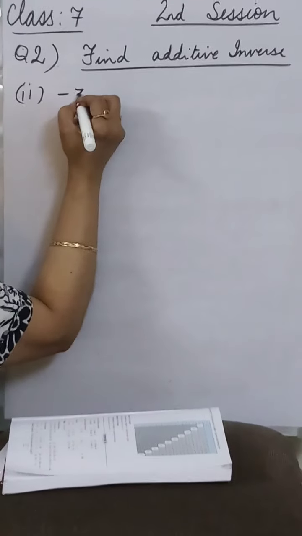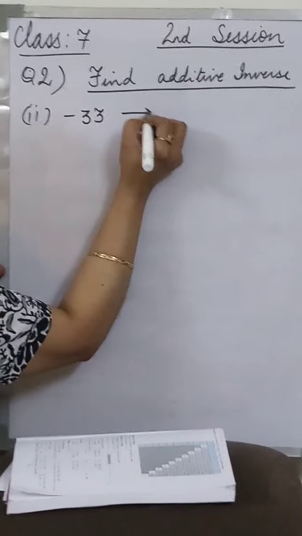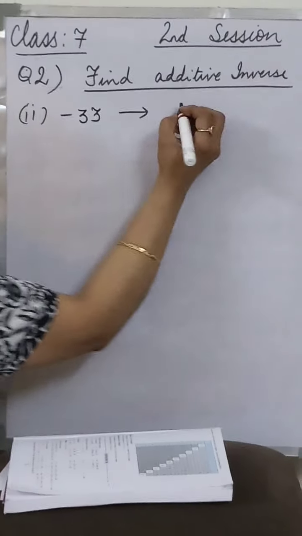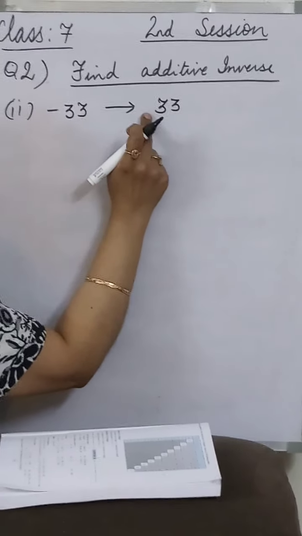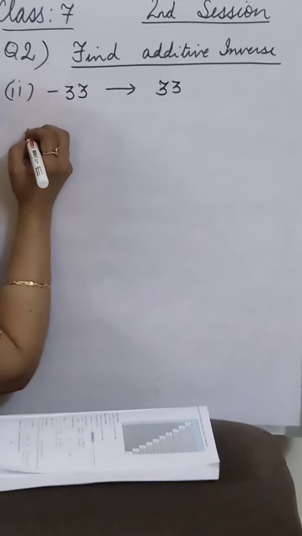Second bit, it's not minus, it's minus 33. The additive inverse of minus 33 is: 33 will be the same number and it has a negative sign, so it will have a plus sign.